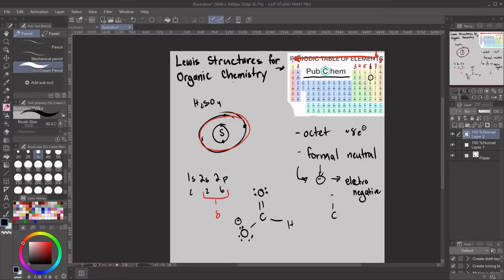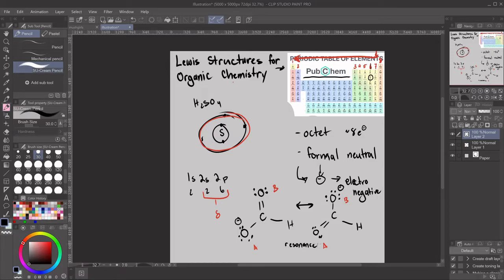Instead of having the negative charge on this oxygen, let's call this oxygen A and we'll call this one oxygen B. Instead of having the negative charge on oxygen A, it can actually go on oxygen B. So all we've done here is switch the bonding environments of oxygen A and oxygen B, and both of these are valid. They are something we will call resonant structures of each other. So I'm going to put resonance down here.